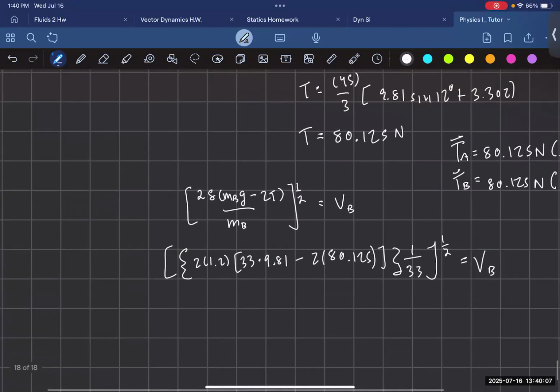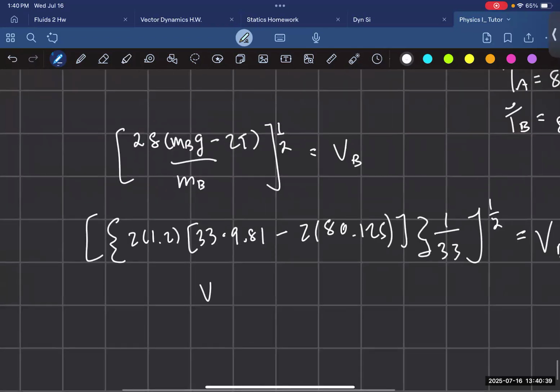Now plugging in the numbers, I'm getting 2 times 1.2 times 33 times 9.81 minus 2 times 80.125, divided by 33, and taking the square root of this, we get velocity of B is equal to 3.448 meters per second.